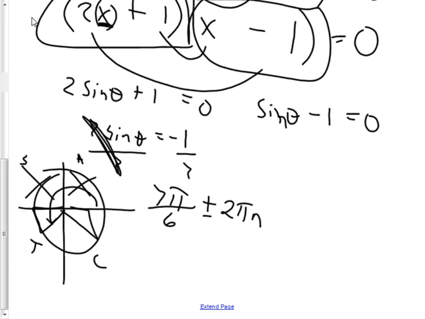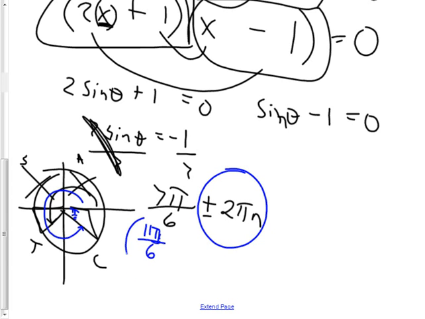That's how you say all solutions, because you can keep going around and around the circle, and that's 2 pi to go around the circle, and keep getting new answers that will work. All right, so that's one of your answers. The other one is this one. If this is really pi over 6, then this should be 11 pi over 6.